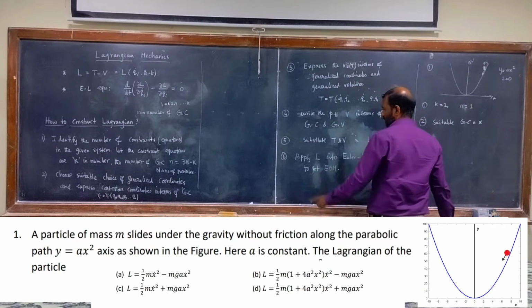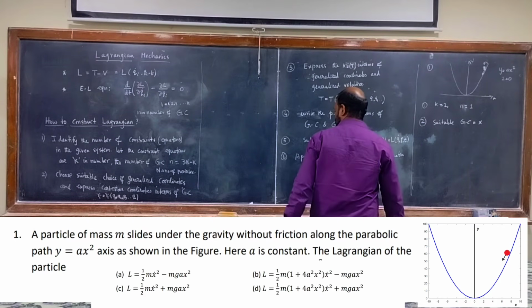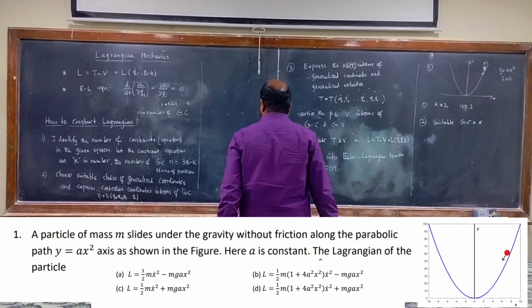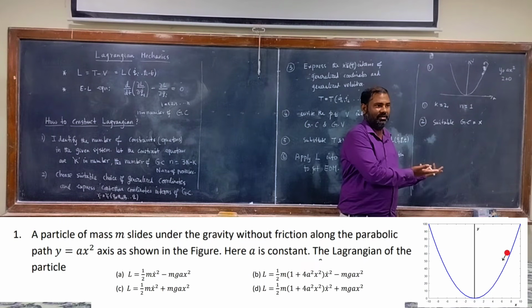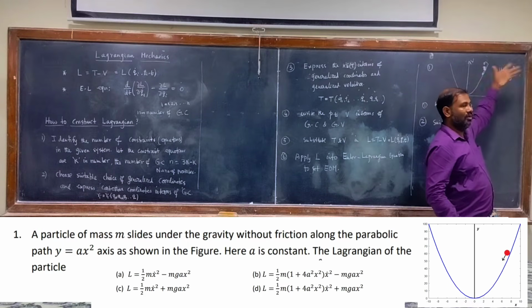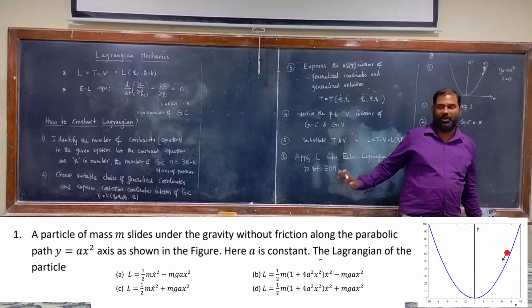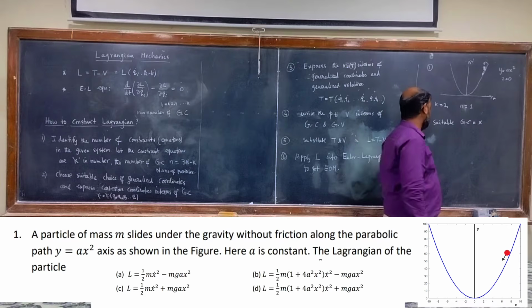Next step: express the Cartesian coordinates in terms of the generalized coordinate. Already Cartesian, don't need the second step, because if I know x automatically y is fixed. This is simple analysis.